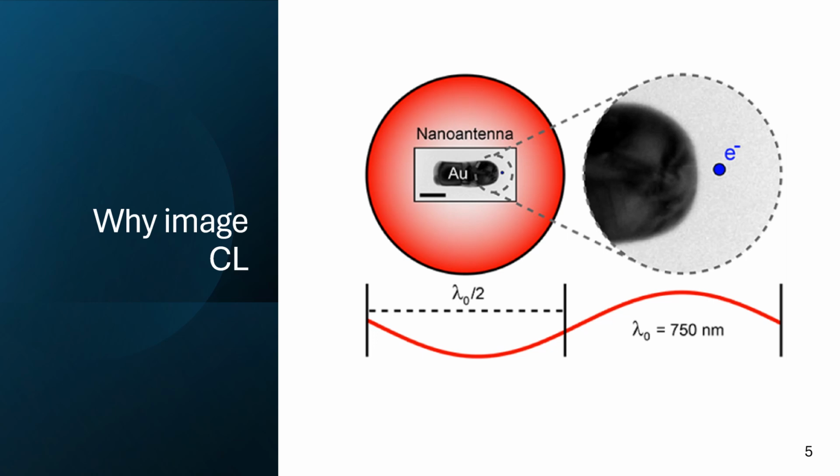But first of all, why is this topic so interesting? Why do we want to image CL? Let's talk about this. If you look at the image here, you can see a small gold nano antenna, on the order of nanometers, which is placed in the red circle. If you want to study the nano antenna optically, then this is the result.